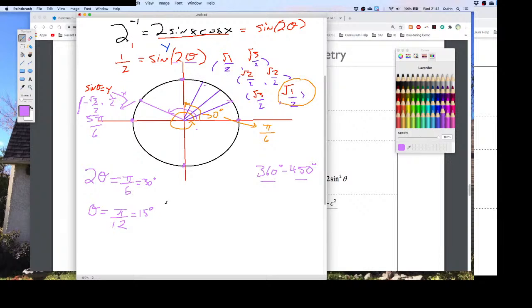So we have another thing that we have to remember. 2 theta could also equal 5 pi over 6, which means our angle in that case is 5 pi over 12, which is 75 degrees, which is also not in this range, so that doesn't help us at all.